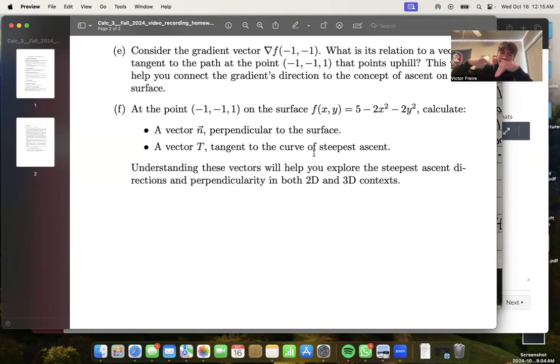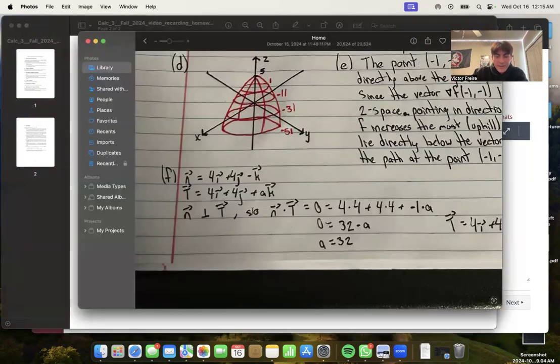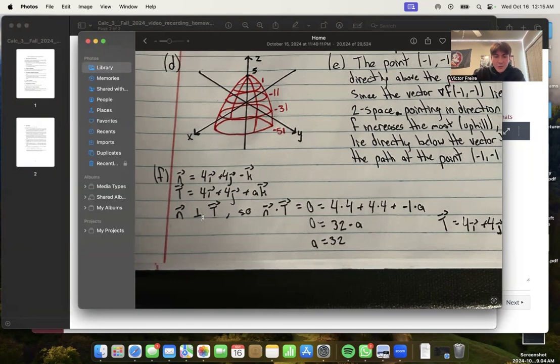As the n vector goes perpendicular in, the t vector goes tangent. Hopefully that makes sense, guys. So we want them to be perpendicular, and we know that when two vectors are perpendicular, the result is always going to equal 0.